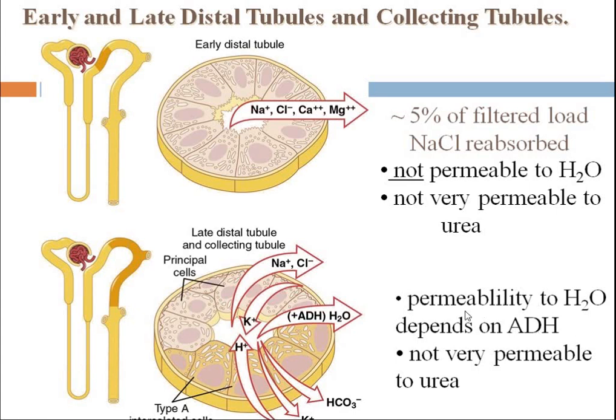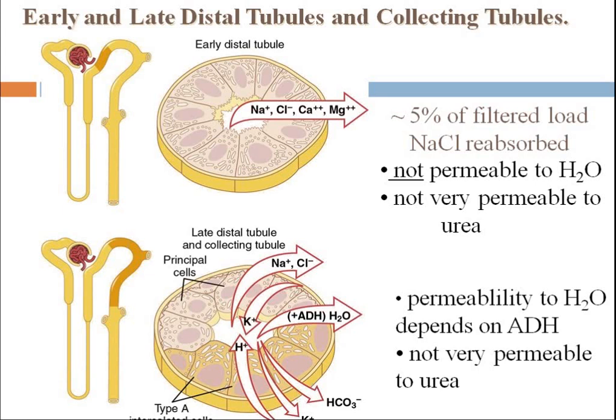So depending upon the action of ADH, the permeability to water will occur in this portion. Now this portion is not very permeable to urea as well. You can see what ions are being absorbed from this portion. Sodium and chloride are very well absorbed here. Water is absorbed here, but that is dependent on ADH.